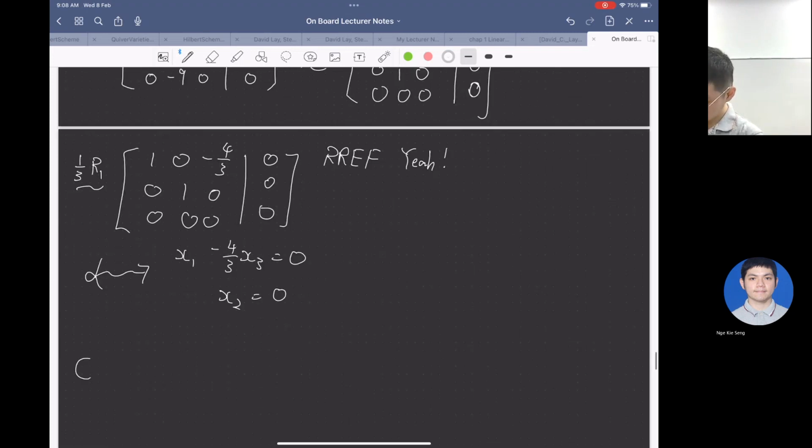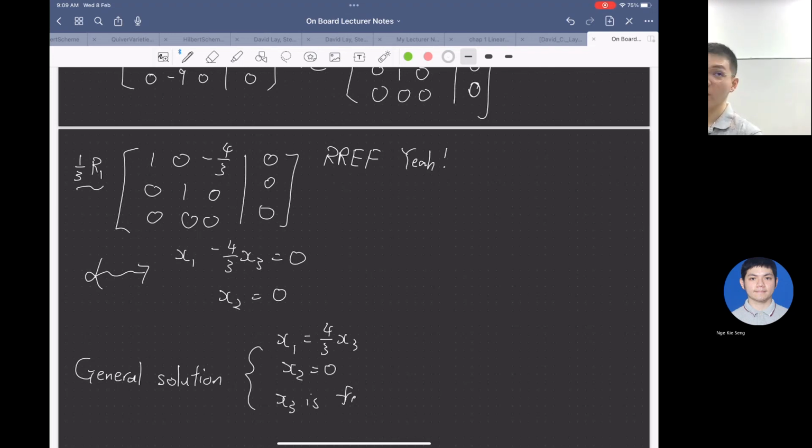So the general solution is x1 equals 4/3 x3, x2 equals 0, and x3 is free because there is no condition on x3.